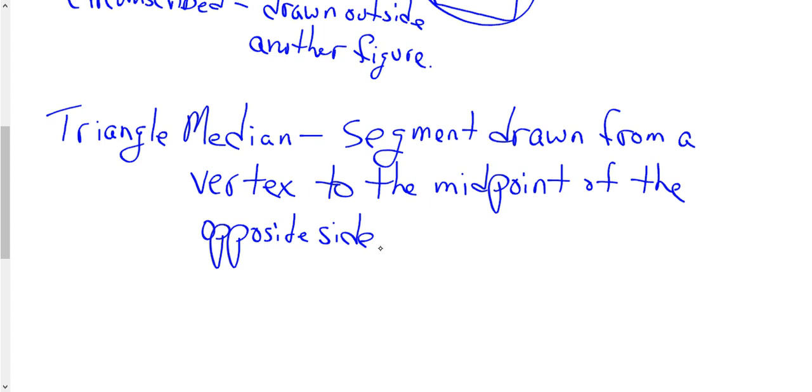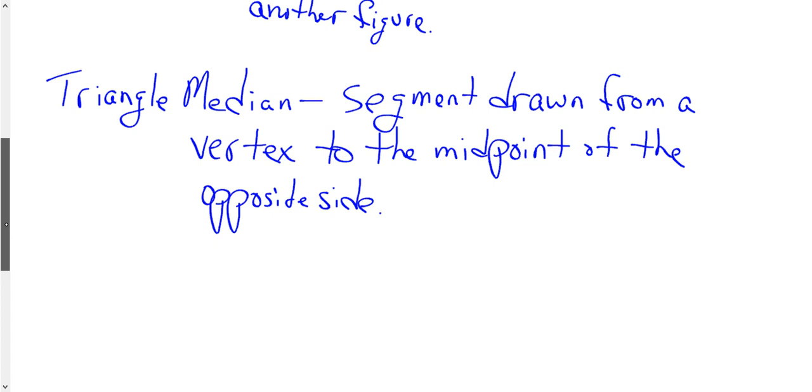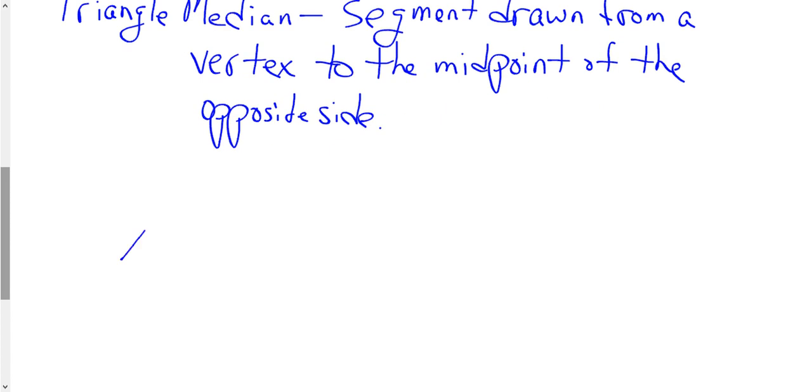So if we have a triangle like this, and that's the midpoint of this side, this triangle's median would go from a vertex straight to that midpoint, and those halves are congruent. Not necessarily perpendicular, that was the thing we did earlier for the altitude. This is just a triangle median.